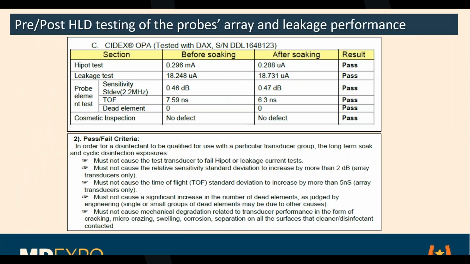And testing. Once you clean the probe, there's a before-soaking and after-soaking electrical leakage testing that needs to be done on the probes too. Has something happened to that probe? If it passes pre-soaking and fails post-soaking, and it's an automated disinfecting, something happened to change the functionality of the device, or more likely, it's customer misuse.